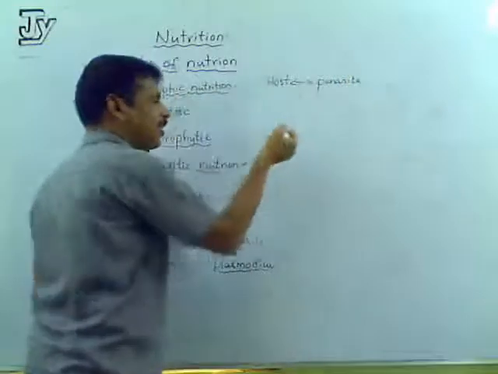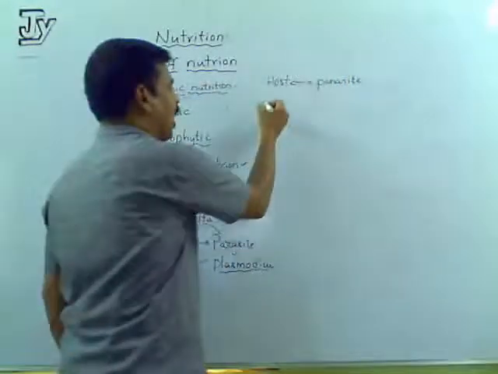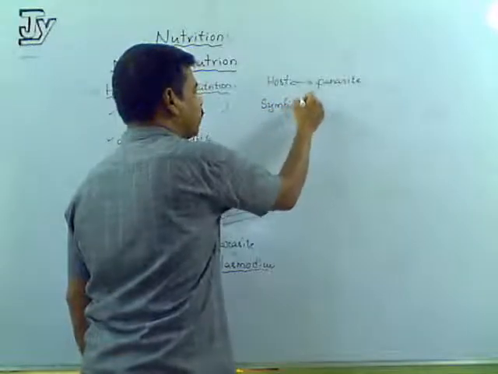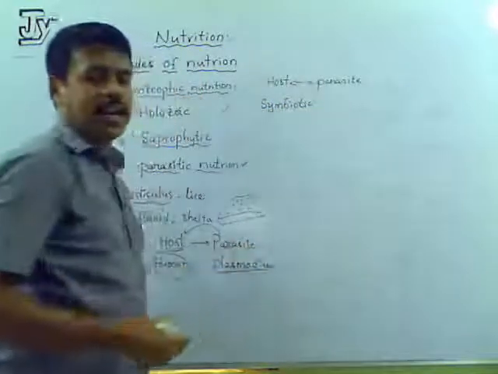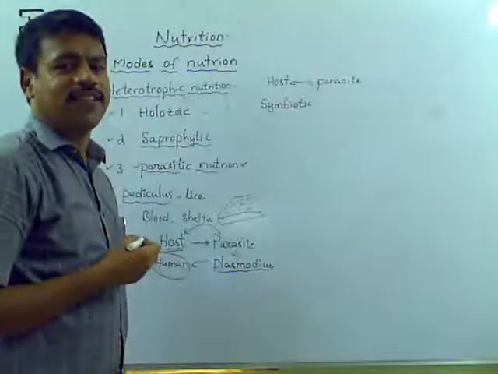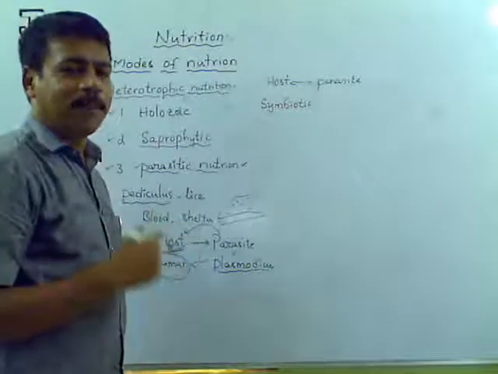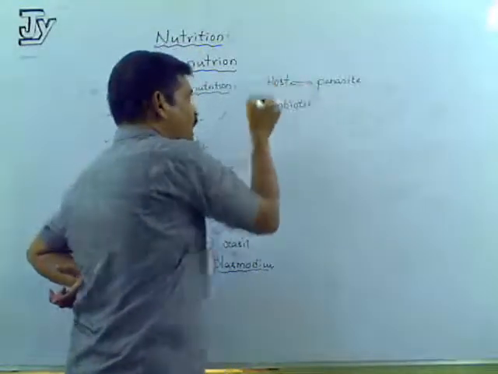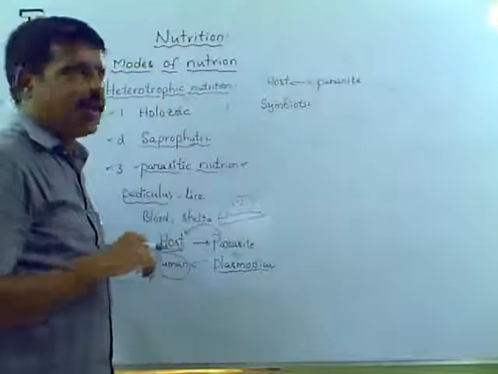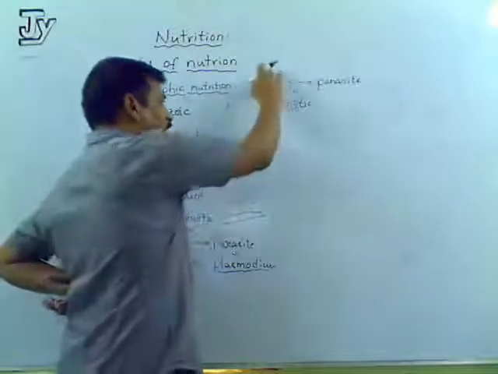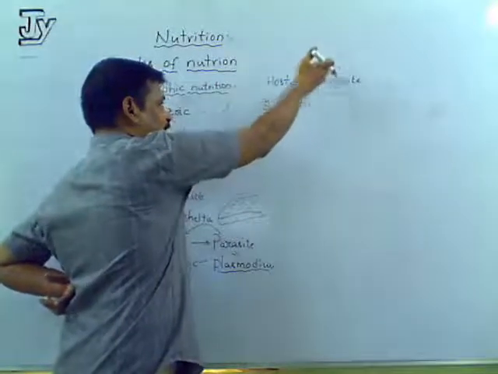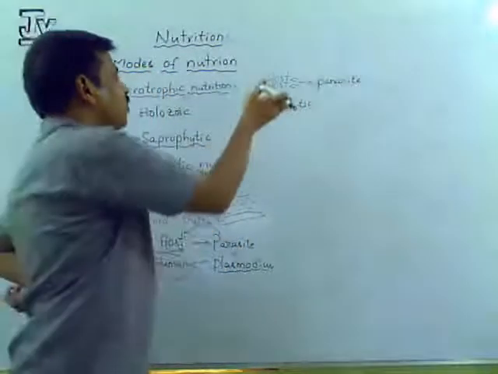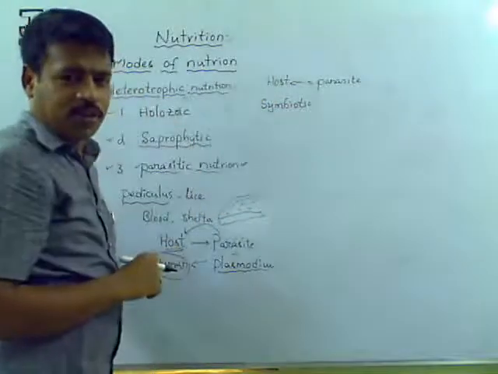This type of relation is called a symbiotic relationship. This process is called symbiosis. In symbiosis, the parasite depends on the host for food, and the host also gets something. At the same time, the parasite gives some material to the host.